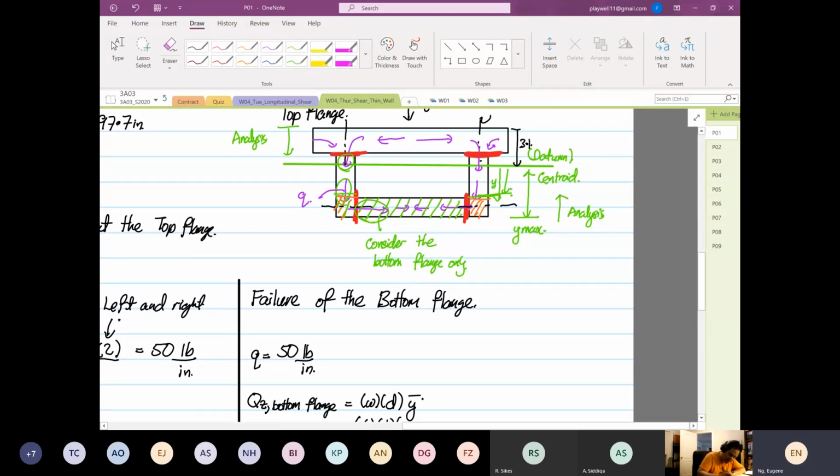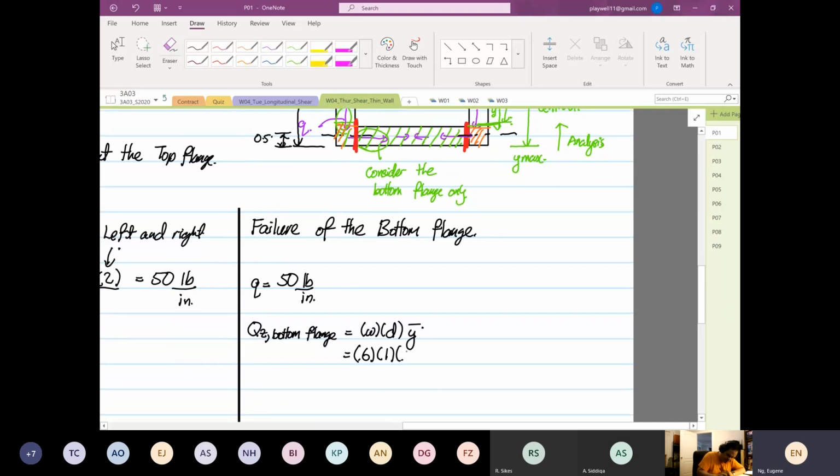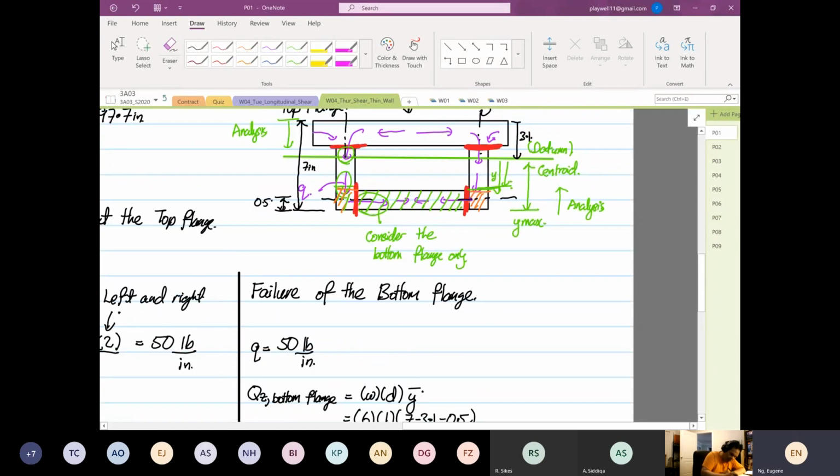And then the overall distance from here to here is 7 inch, and the individual centroid from here to here is 0.5. So what we have is 7 minus 3.1 minus 0.5. That will cover my distance from here to here. That is your y bar.